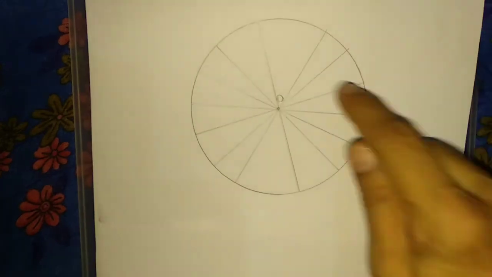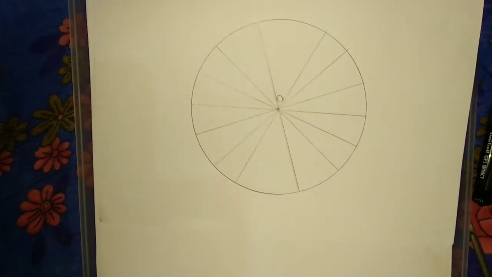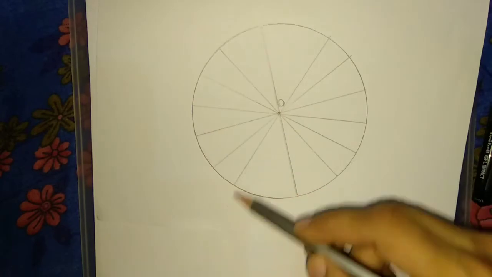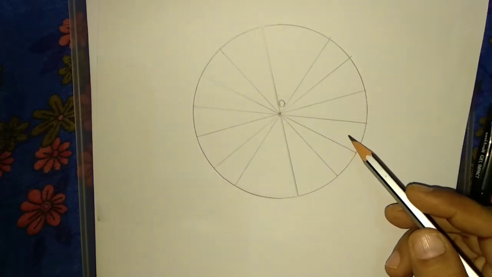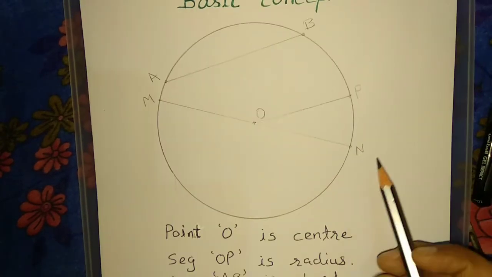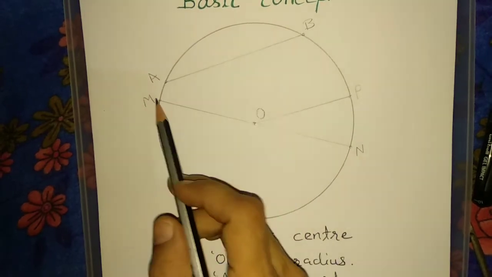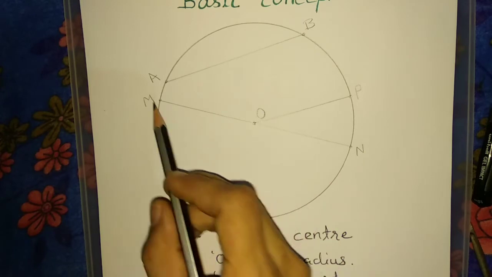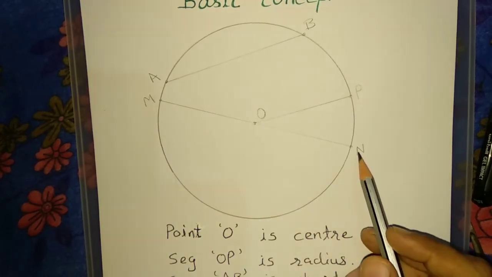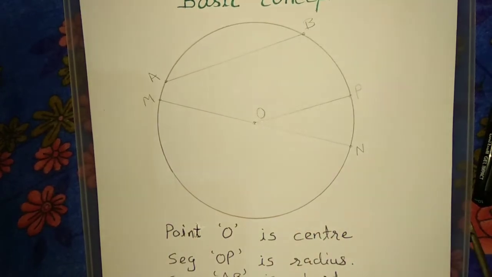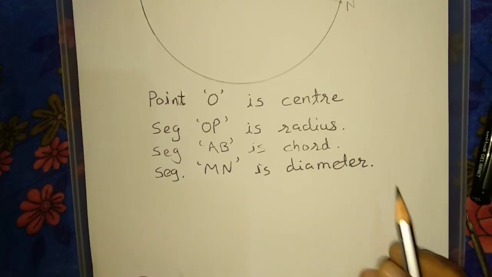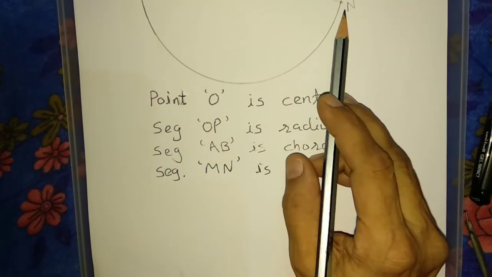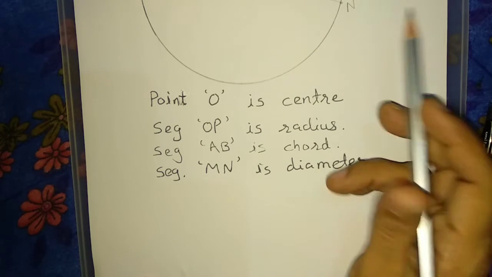There are infinite diameters for a circle and all diameters are of same length. In one diameter there are 2 radius. Radius OM and radius ON. Therefore, diameter is equal to 2 into radius.